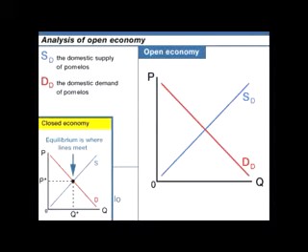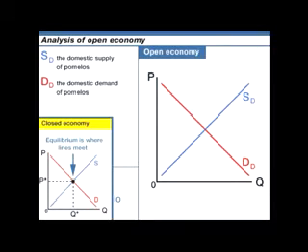And we represent the open economy by inserting a world price line. The world price line reminds us that as far as pomelos are concerned, France is a small country. That means the farmers in France can produce as many pomelos as they're capable of without producing so many that they actually affect the world price. People in France can buy all the pomelos that they might be inclined to buy, also without influencing the world price.